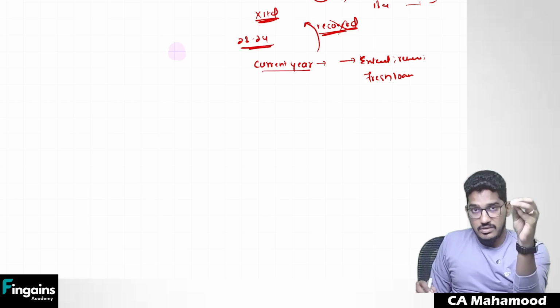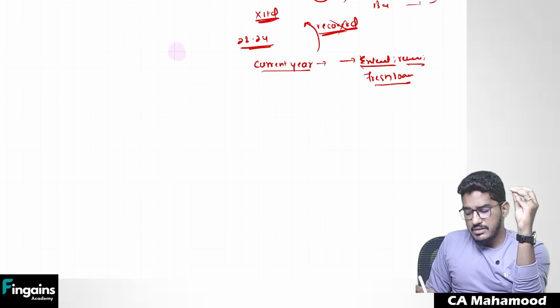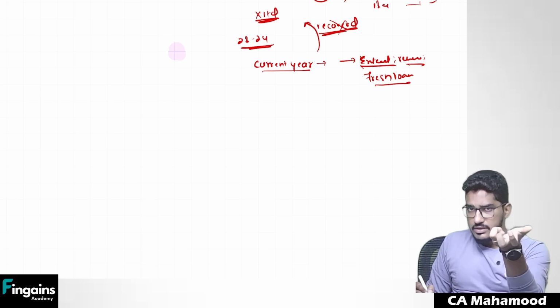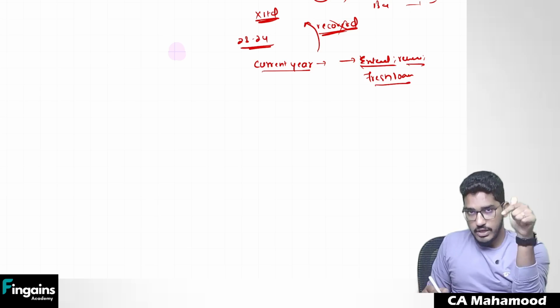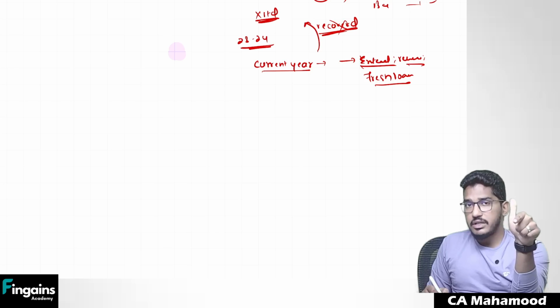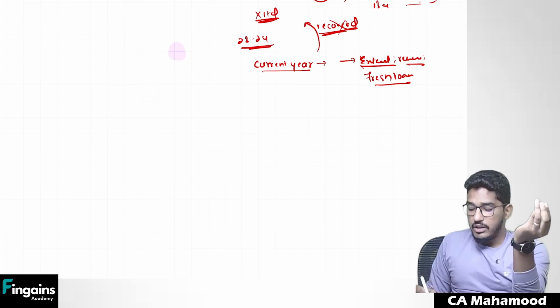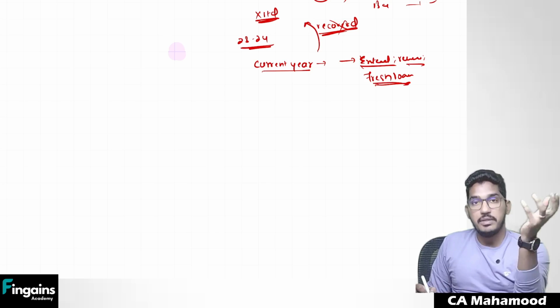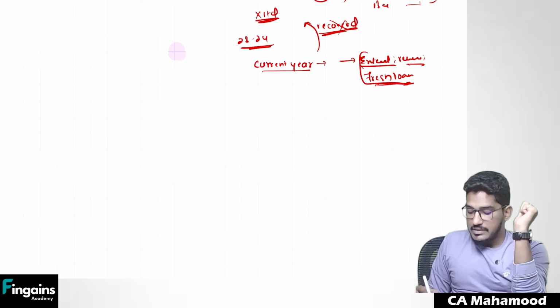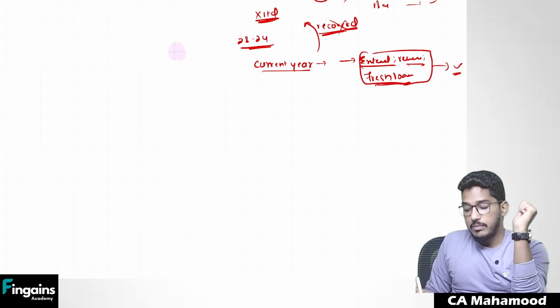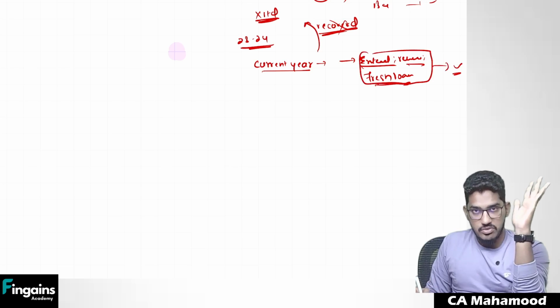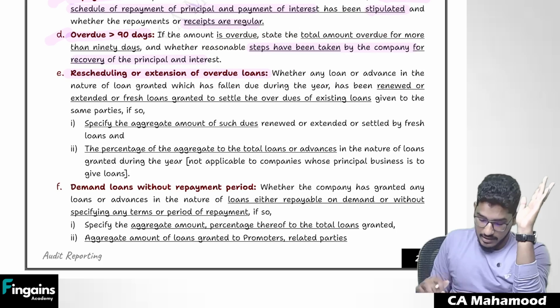If the company is doing these transactions, you tell me, is it a normal transaction or it is something mischievous? It is mischievous. When the loan has fallen due in the current year, the company should have recovered it. Instead of recovering, they are either renewing it or extending the due date, or they are giving a fresh loan to the same person to repay the old loan. So if that is happening, I need to comment about these kind of transactions also. That's what they say here.